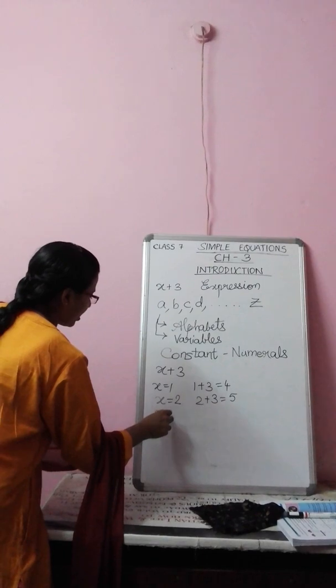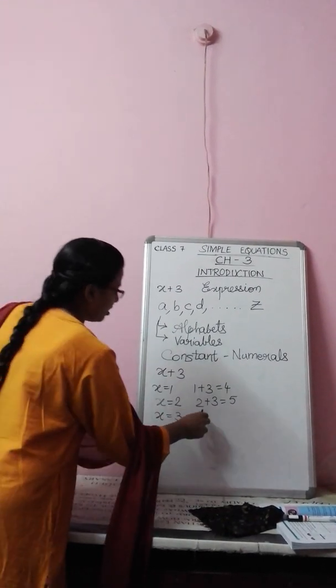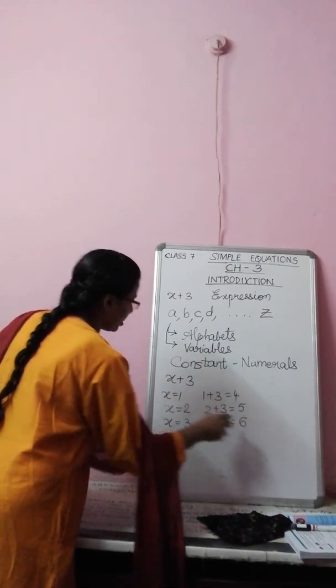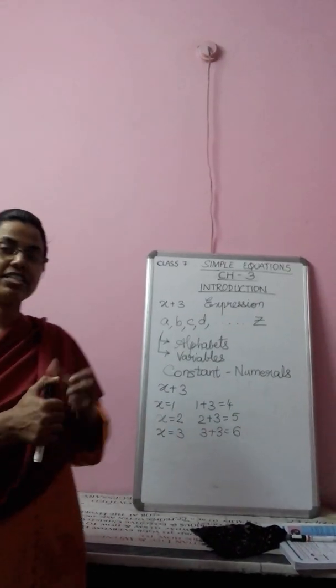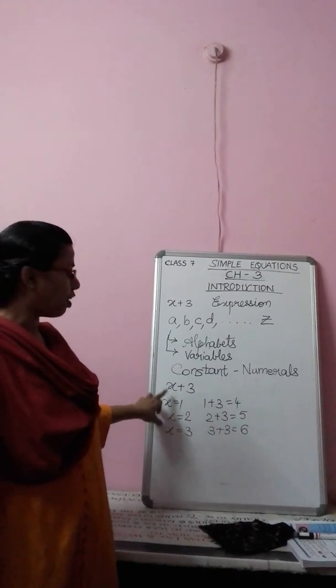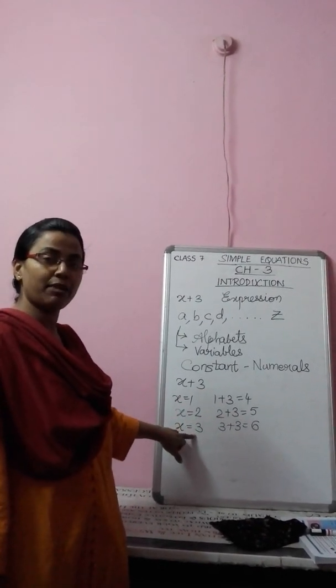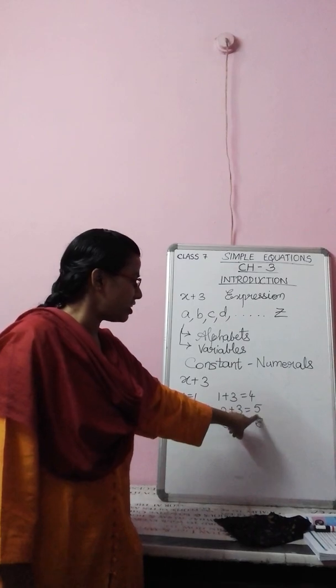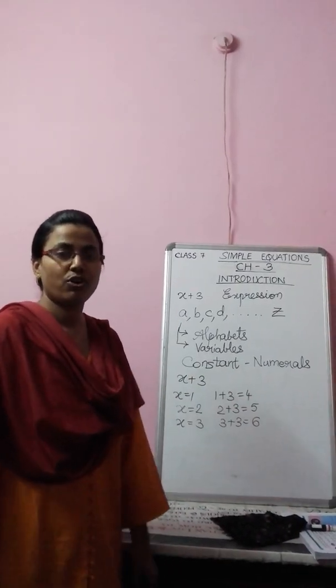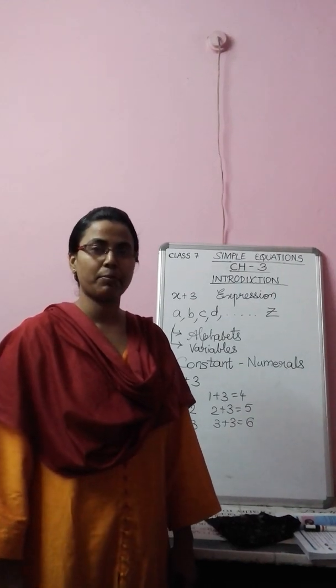If I take x is equal to 3, 3 plus 3, which is equal to 6. So what is happening? The expression is the same, but according to the values taken by you, the answer is changing.